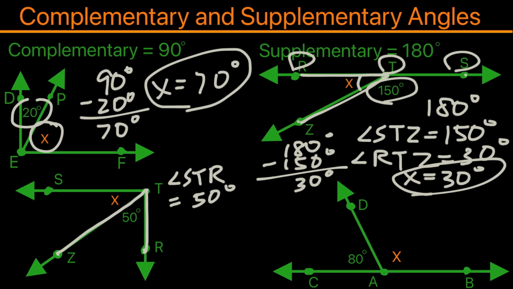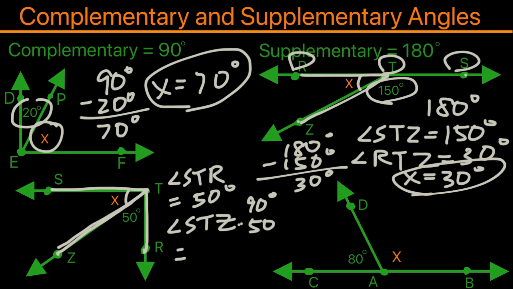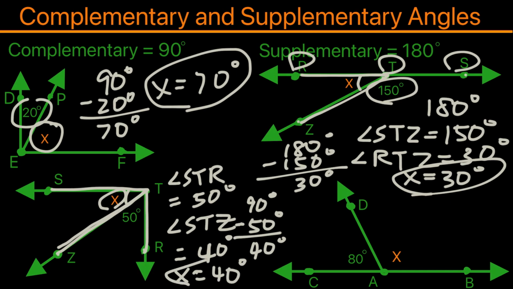And what we're trying to find out is angle STZ, and to find that out, we would take the 90 degree right angle minus the 50, and that equals 40 degrees. So STZ equals 40 degrees, which means that the x value is 40 degrees.